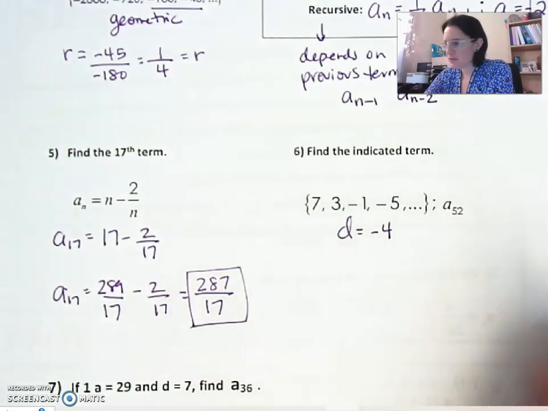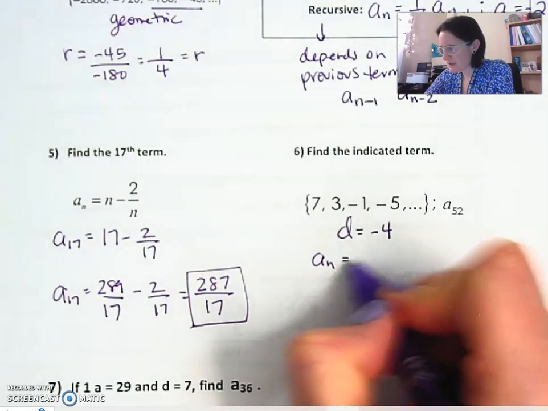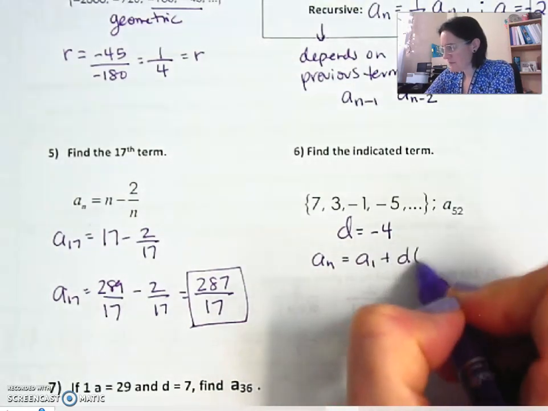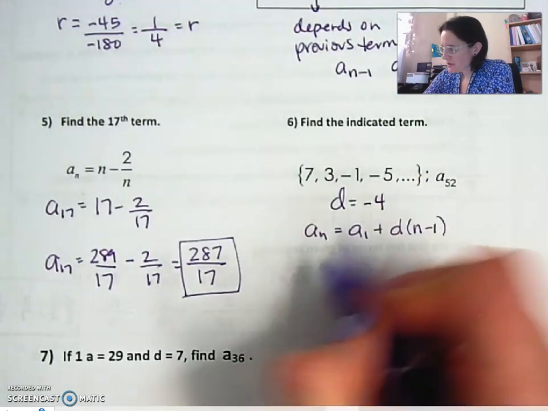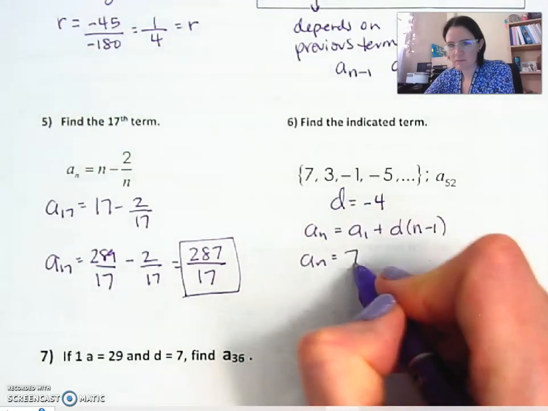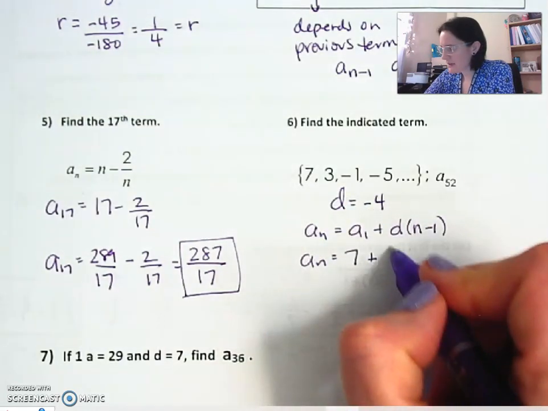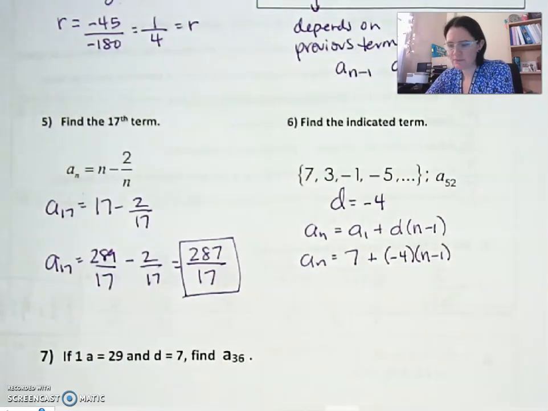So I'm going to use the general formula for arithmetic sequences. So A n equals A1, which is 7, plus D, which is negative 4, times n minus 1.